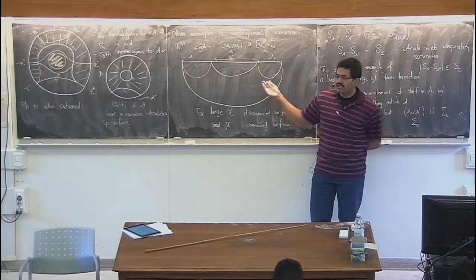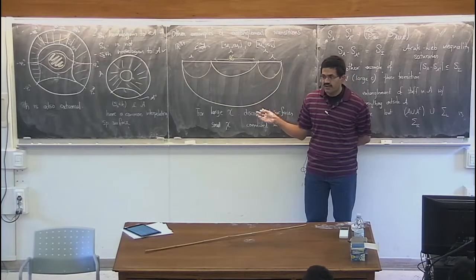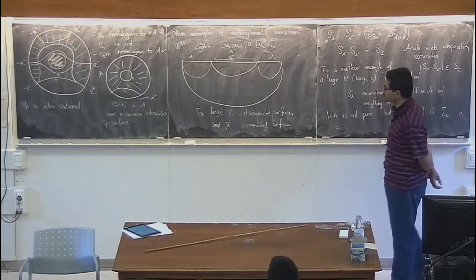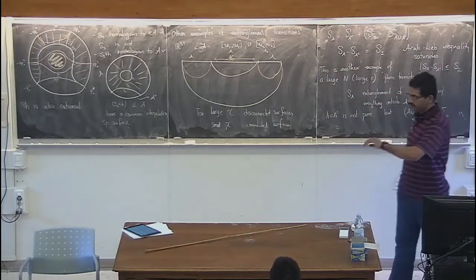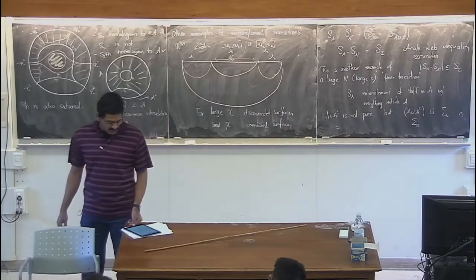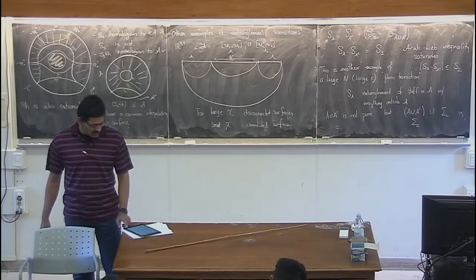So the gravitational prediction can also be tested by just studying conformal field theory calculation of these, by working in the large central charge limit. Okay, so I think that's all I want to say about entanglement entropy for now.